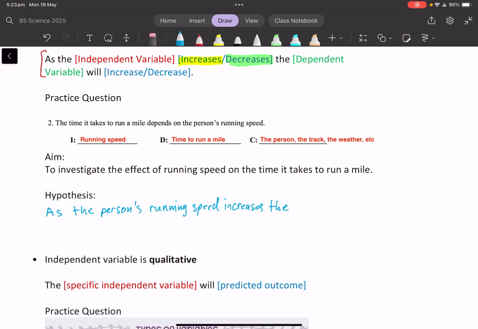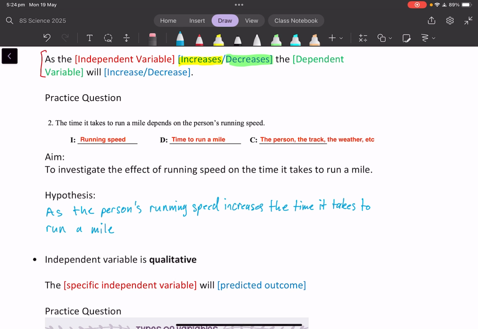the dependent variable, and in this case, the dependent variable is the time it takes to run a mile. And now I've got to make another decision.